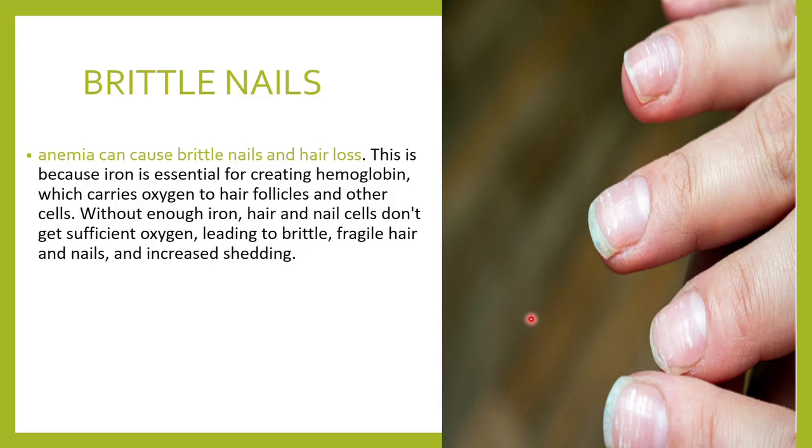So brittle nails, lusterless skin, or increased hair fall can all happen because of anemia. Hair fall can happen because of so many reasons: thyroid, deficiencies, or scalp issues. But a simple condition like anemia can also trigger hair loss or brittle nails.